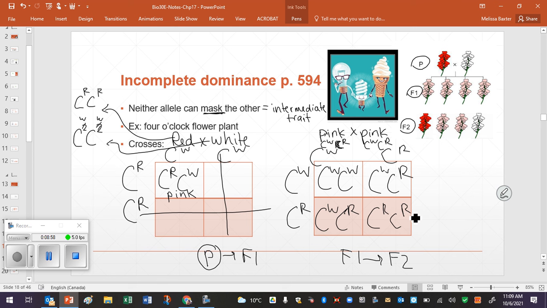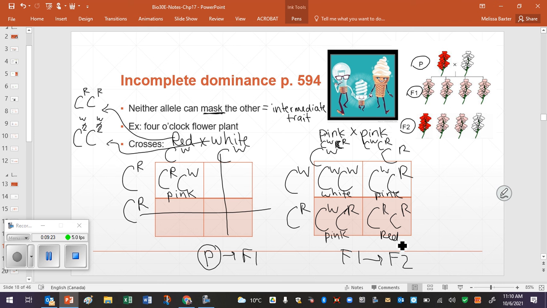Now remember, your Punnett square isn't your answer, it's just your work. What this tells me is that this one would be white, this one would be pink, this one would be pink, and this one would be red. When incomplete dominance is the scenario, being heterozygous means that you have an intermediate trait.